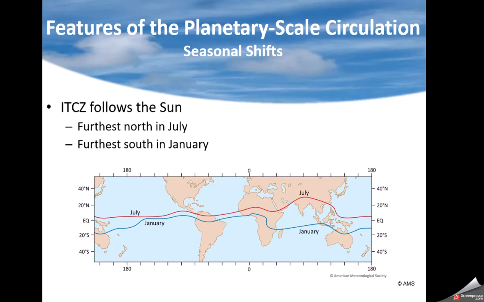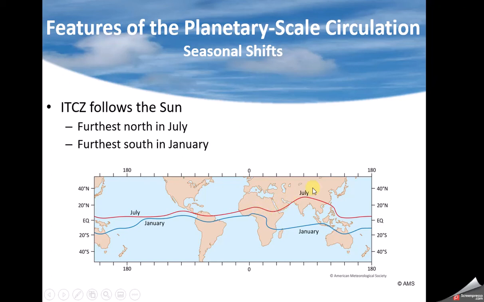The intertropical convergence zone fluctuates greatly over land. Notice over Africa and Asia, the intertropical convergence zone in January is well south, way south of India. In summertime, it's well north, even changing over the Saudi Arabia area, the Sinai Peninsula.